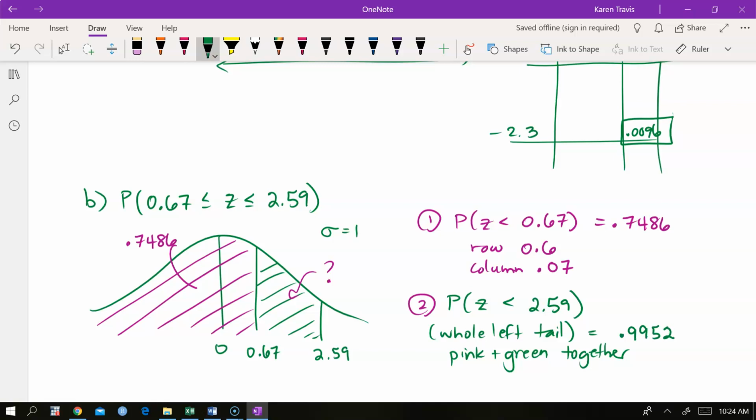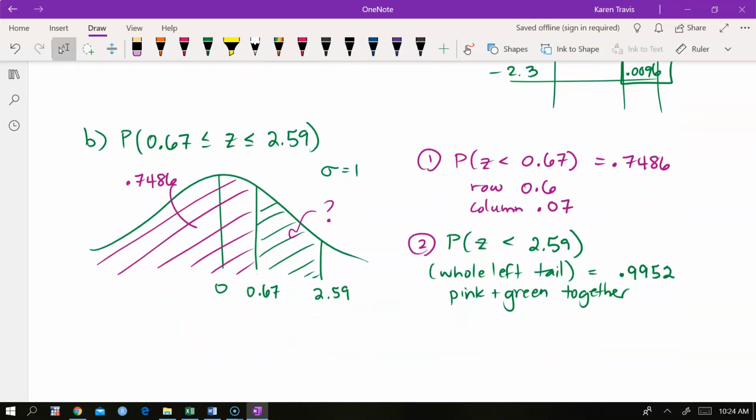So what I'm interested in is only the green, and we can see from the way I've broken this out into a few steps that to get only the green area, I'm going to take the chance that it's the whole area below 2.59 and then subtract off the chance that it's below 0.67. So we can write it the chance that it's between 0.67 and 2.59.